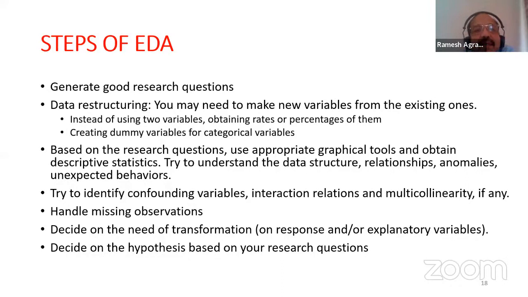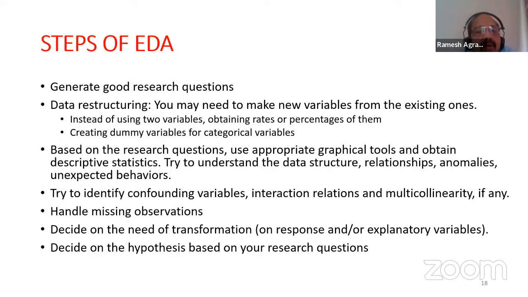For this, you should restructure your data, meaning you may need to make new variables from the existing ones, which we call feature construction or feature engineering. Based on the research questions, we use appropriate graphical tools and obtain descriptive statistics.